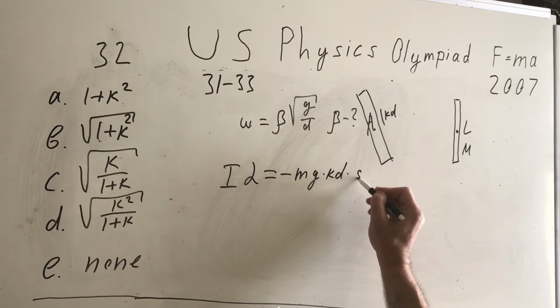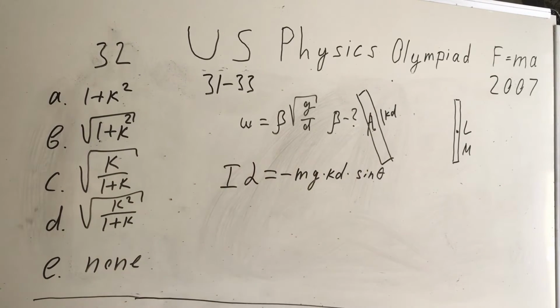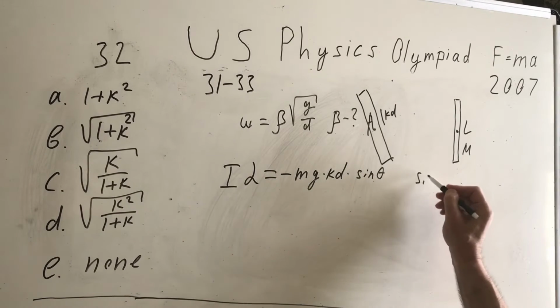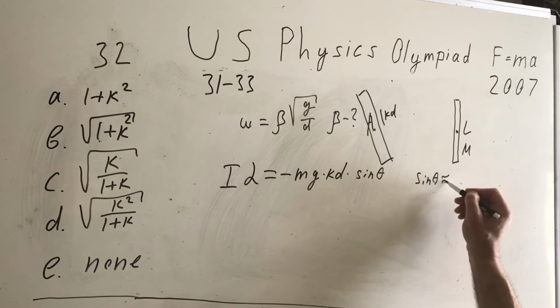For small oscillations we assume that sine theta is approximately equal to theta.